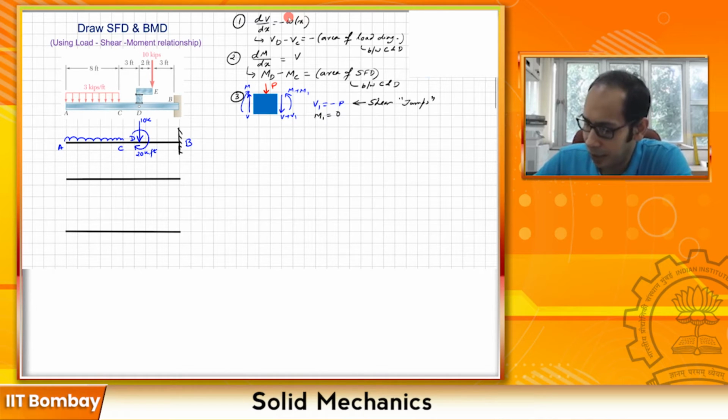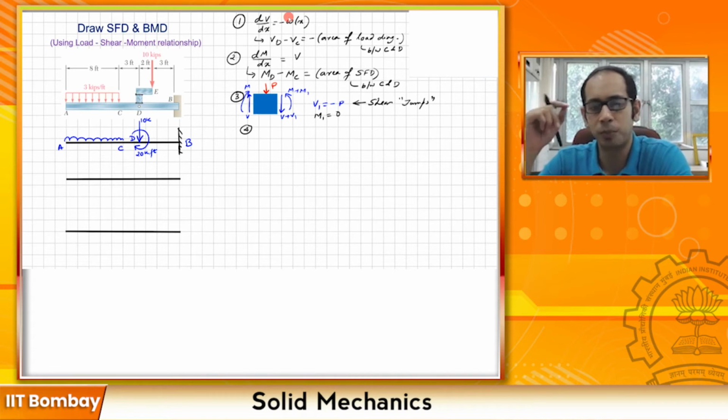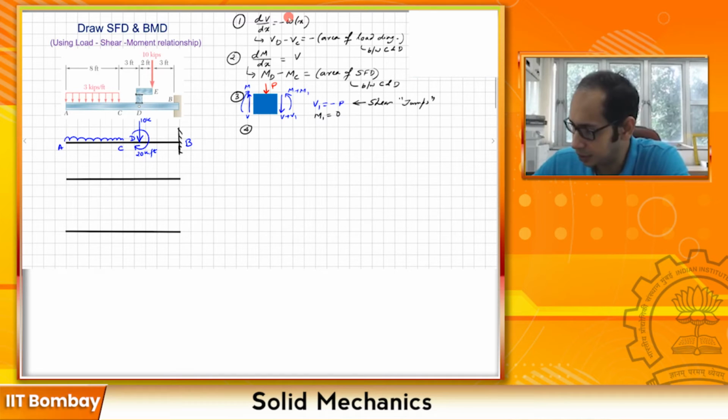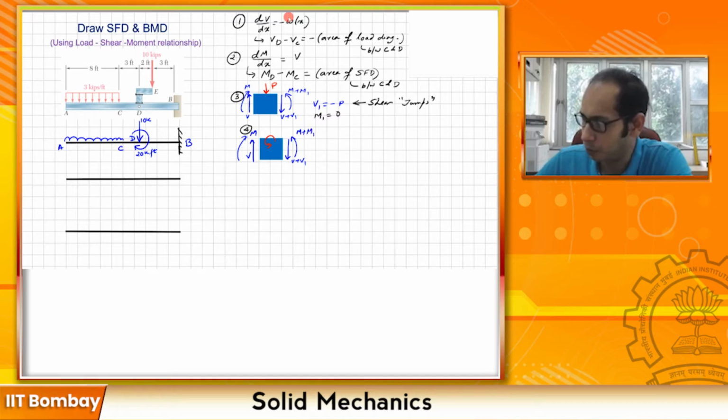Lastly, we had relationship number 4, which was a consequence of the point moment. If I take a similar element again, with a point moment on top, and again you have V, M, V plus V1, and M plus M1.